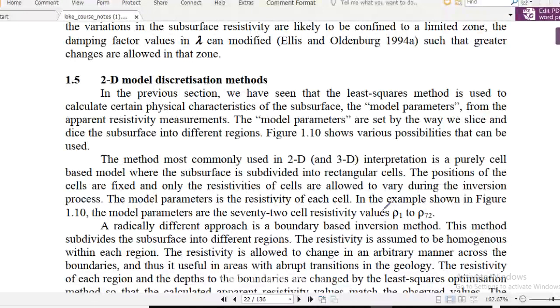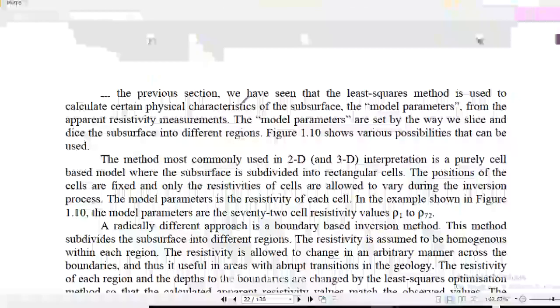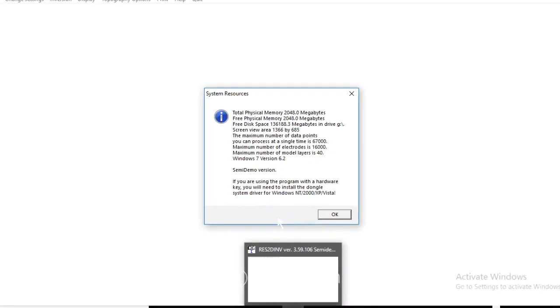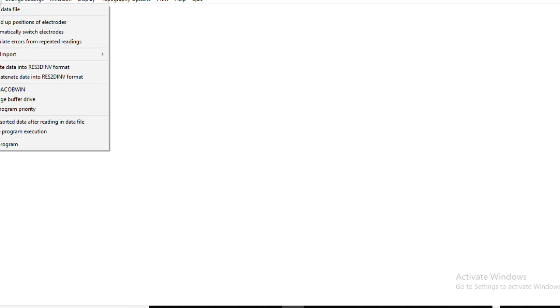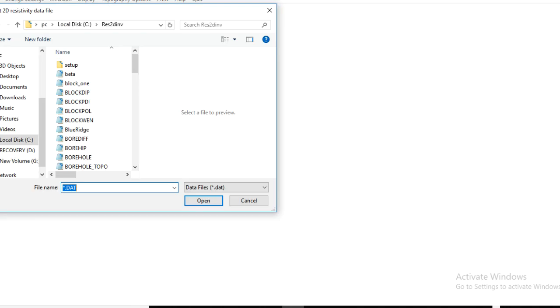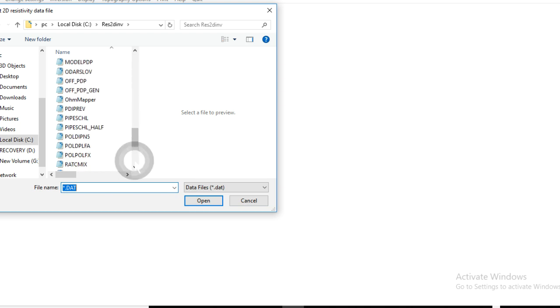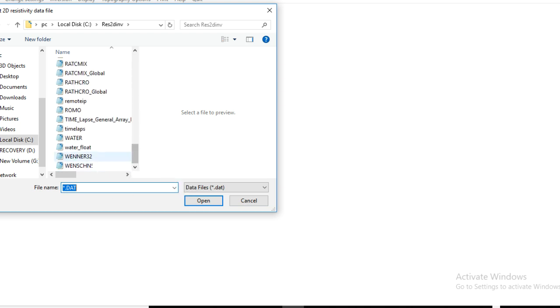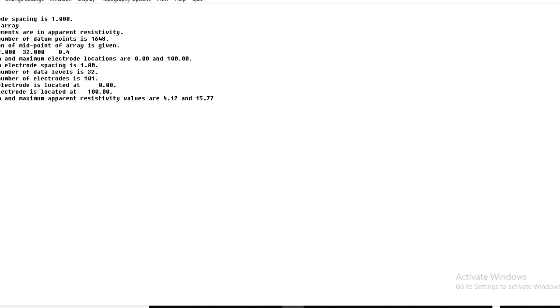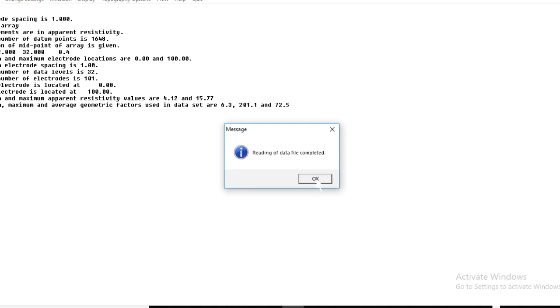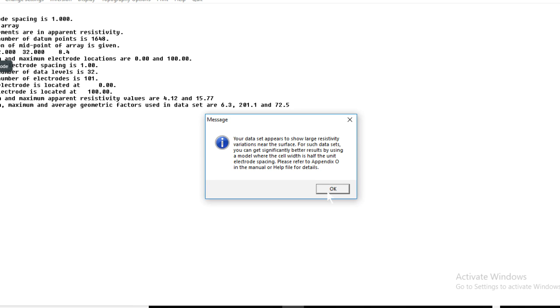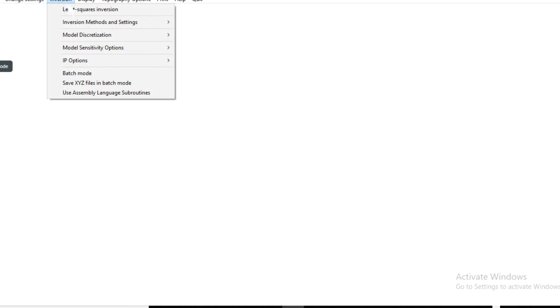There are inversion techniques, two-dimensional inversion. We can open RES2DINV inversion like this, and we can open data. For example, let me select one data, for example Wenner 32. Read the data complete. Then, once I read the data, I go to inversion techniques.